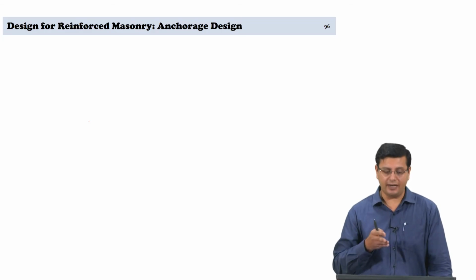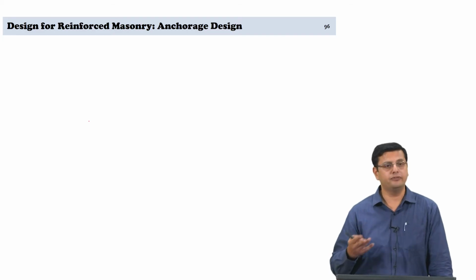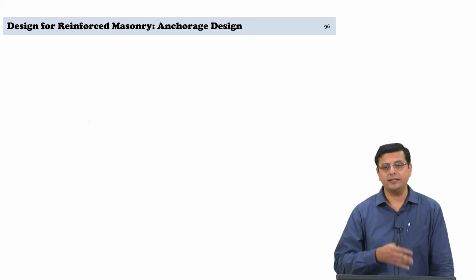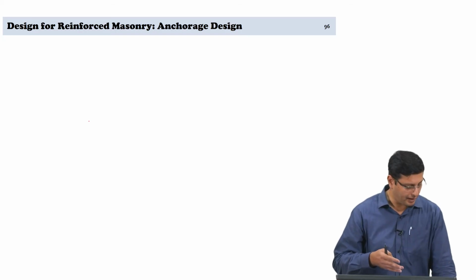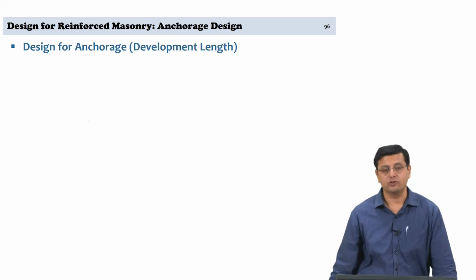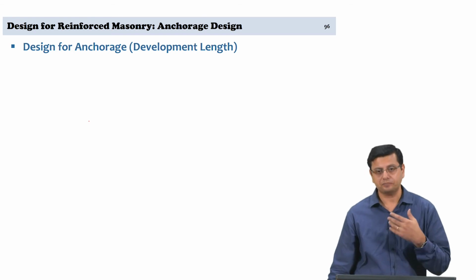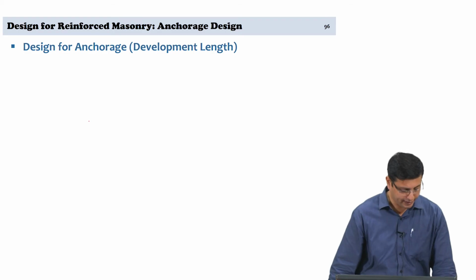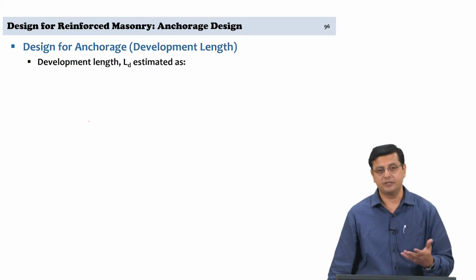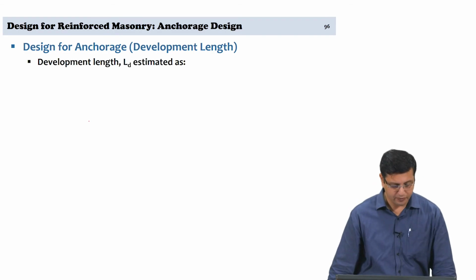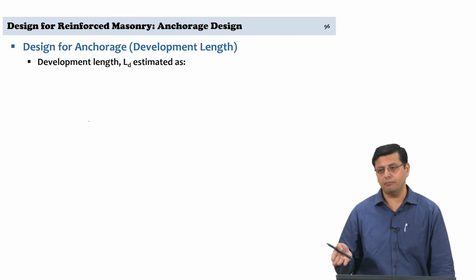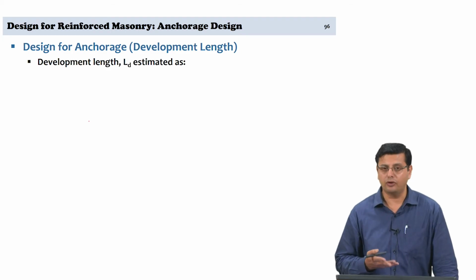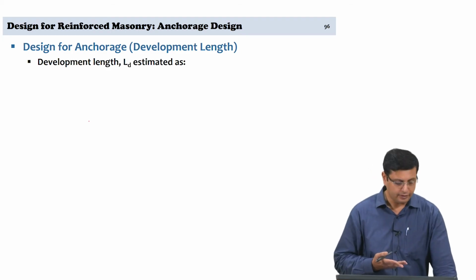Once those three are done, of course, the shear reinforcement or the flexural reinforcement are going to be effective only if you provide adequate anchorage for the reinforcement bars, and therefore one has to look at design for development length, design for anchorage by achieving the required development length, and here again the prescription is rather straightforward, and most of the prescriptions that you would adopt for reinforced concrete are applicable in this context.